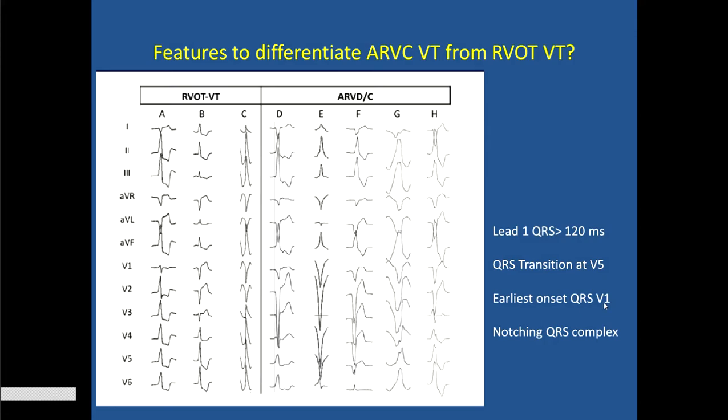Early onset QRS in V1: in RVOT VTs, it is the other leads which have an earlier onset than V1, and here in ARVC, it is V1 which has the earliest onset. And notching of the QRS, you see all these notchings of the QRS, these point towards ARVC. These are 4 points which have been shown to be statistically very significant to distinguish a malignant from a benign VT.